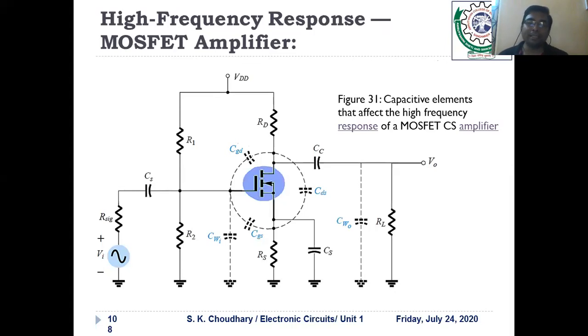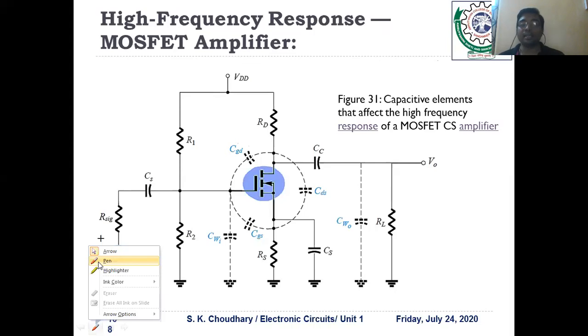If you look at this diagram, this is generally a voltage divider bias based common source amplifier using an N-channel MOSFET. Apart from the regular amplifier diagram, the extra components shown here are inter-electrode junction capacitances.